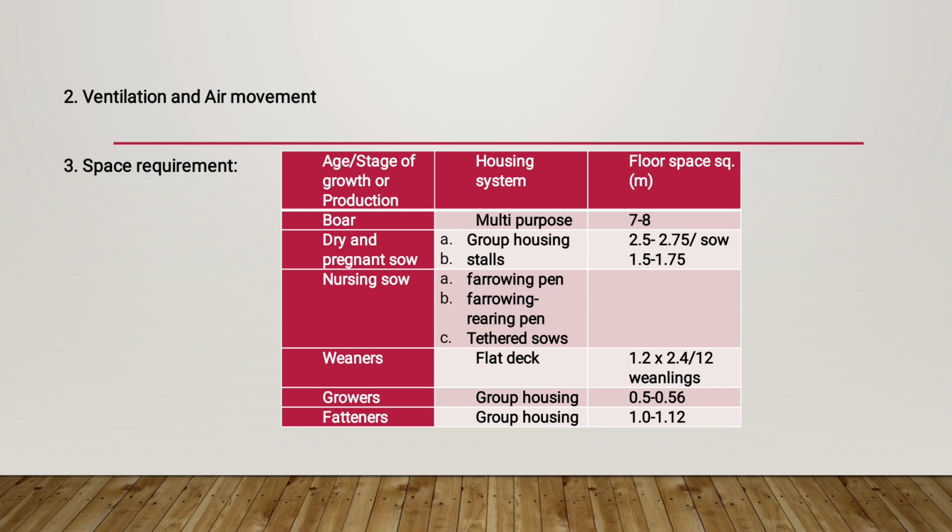So, sa baba, we have the weaners, 1.2 to 2 by 2.4 square meters per 12 weanlings. And growers, 0.5 to 0.56 square meter per pig yan ha. Then fatteners, 1.0 to 1.12 square meter per pig.